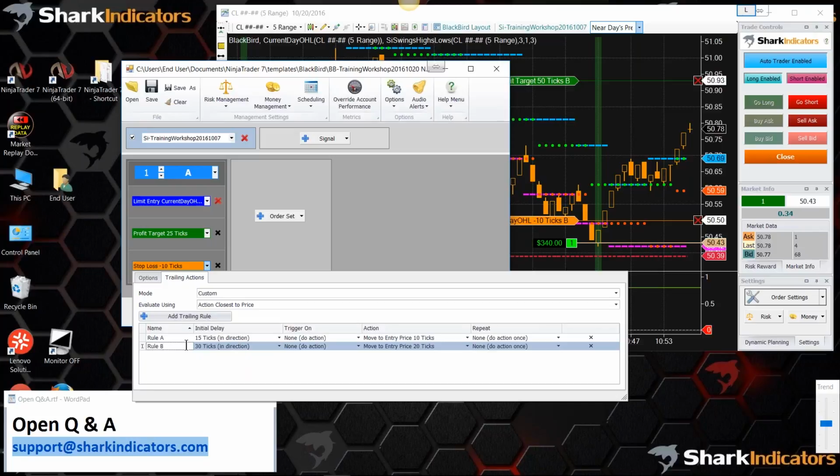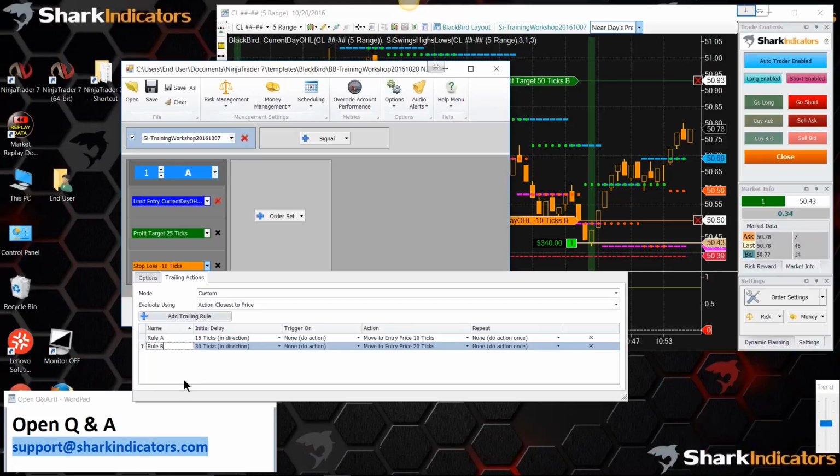So if we got a long bar, well, the 15 ticks in profit would also occur in a long bar. So rule A would fire off on a long bar, and then also rule B would fire off on a long bar, if you had a bar long enough to give you 30 ticks in profit. So, yeah.